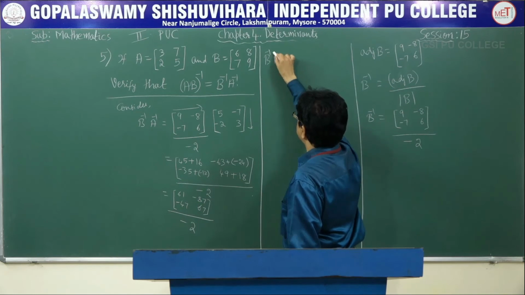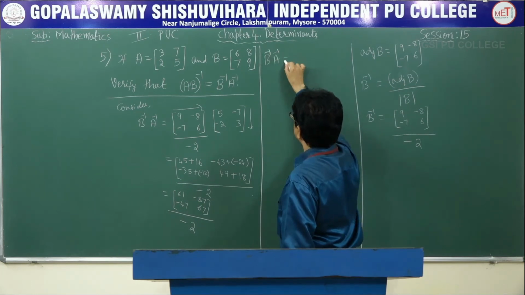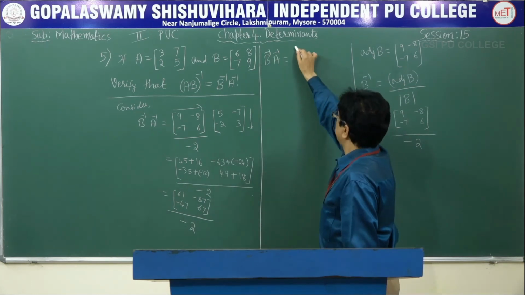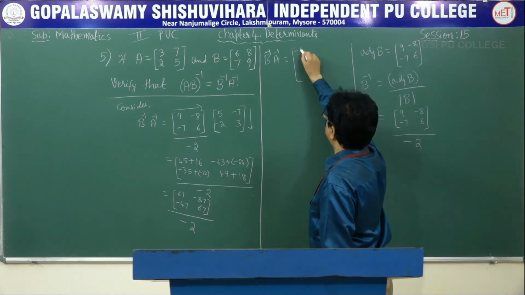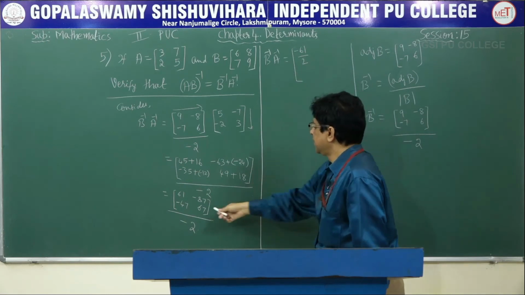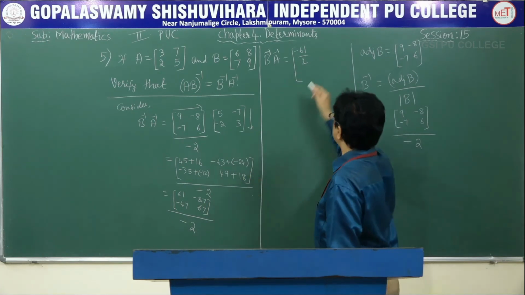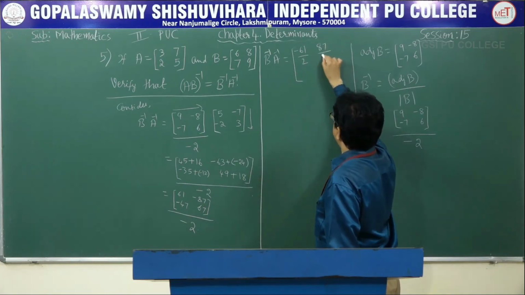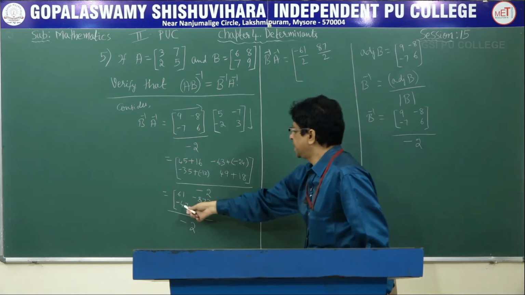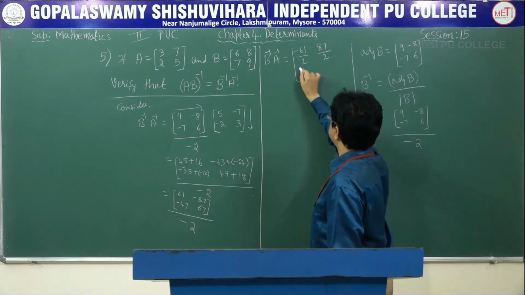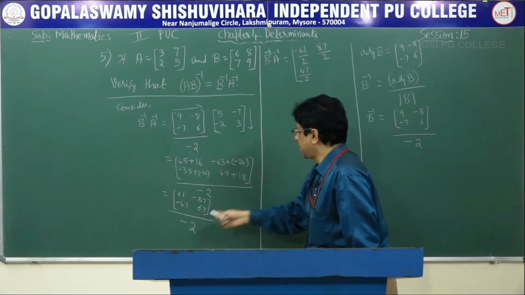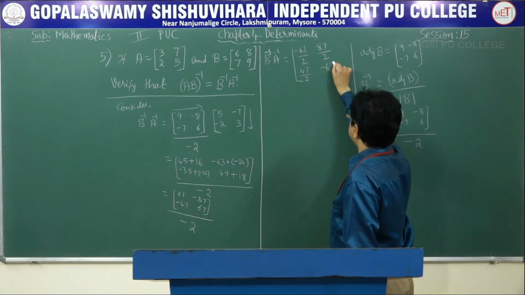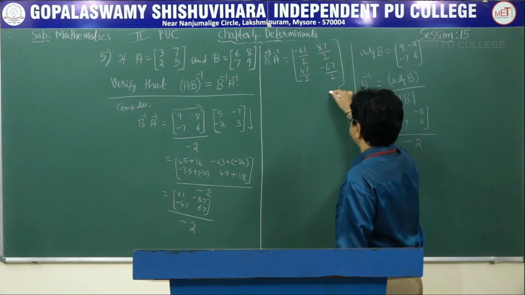So B inverse A inverse is equal to 61 divided by minus 2 is minus 61 by 2, minus 87 divided by minus 2 is 87 by 2, minus 47 divided by minus 2 is 47 by 2, 67 divided by minus 2 is minus 67 by 2.